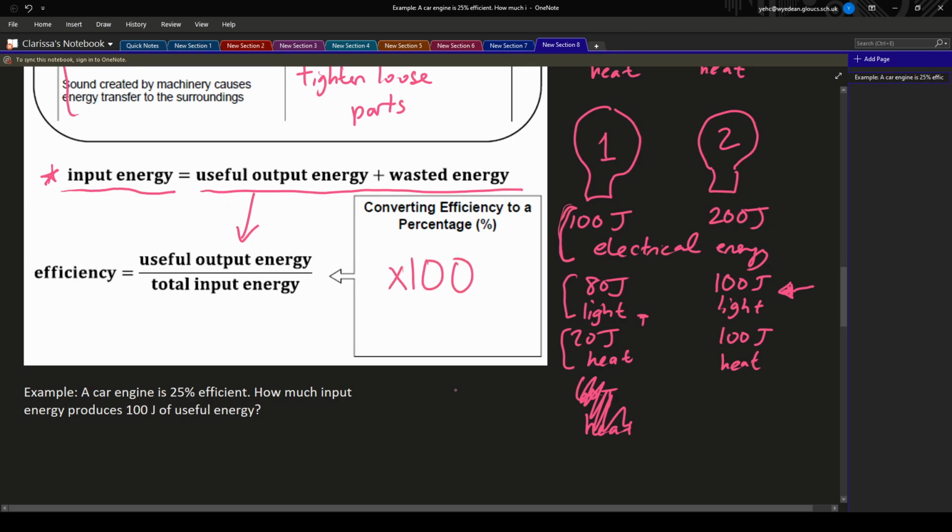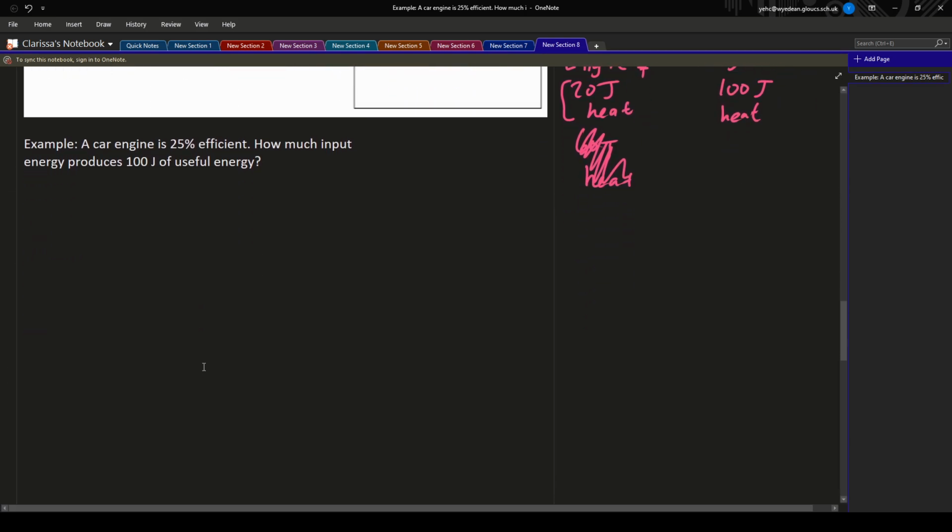So notice that the top number can't ever be bigger than the bottom number, because the bottom number, the total input energy, is how much you're putting in. So it's not possible to have more output than you had input. It's impossible to get more out than you put in the first place.